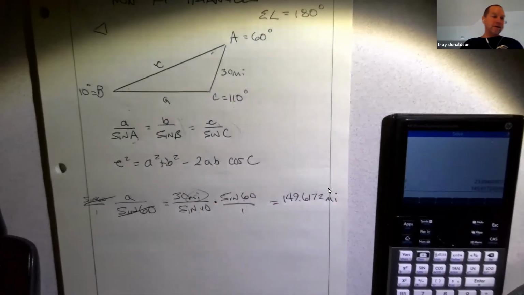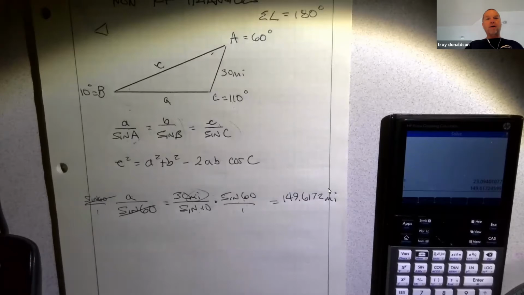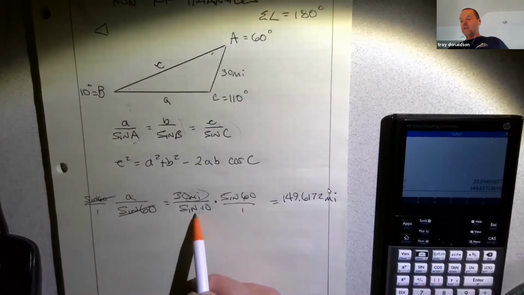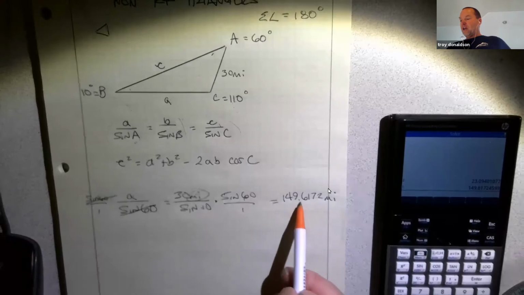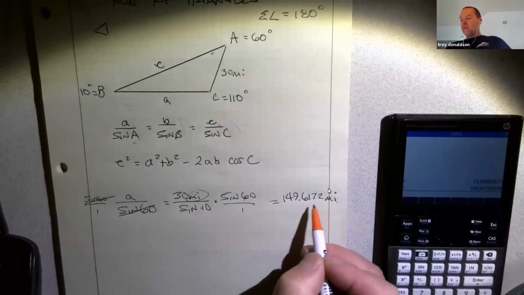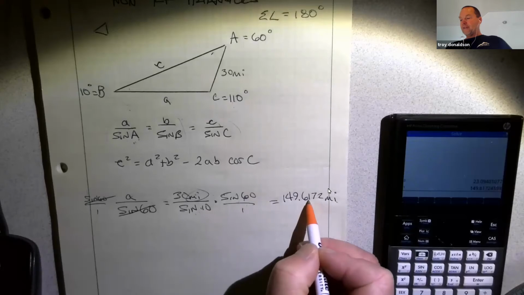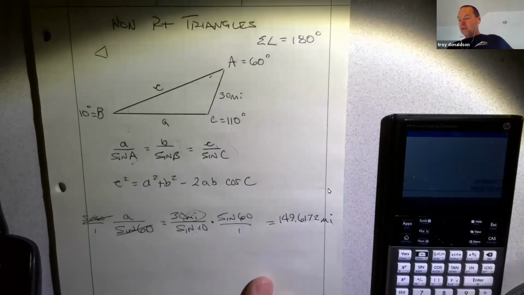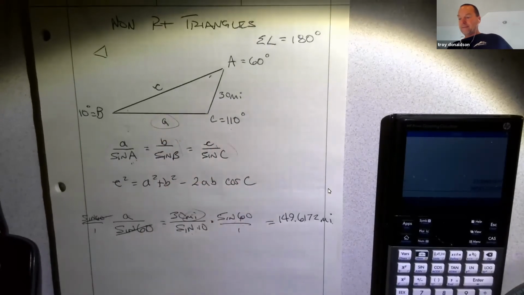It didn't get eliminated anyway. And it didn't get any unit multiplied to it because this is unitless and this is unitless. So 149.6172 miles. If I was going for a solution, I would round this to 6.2. But that's what A is right there.